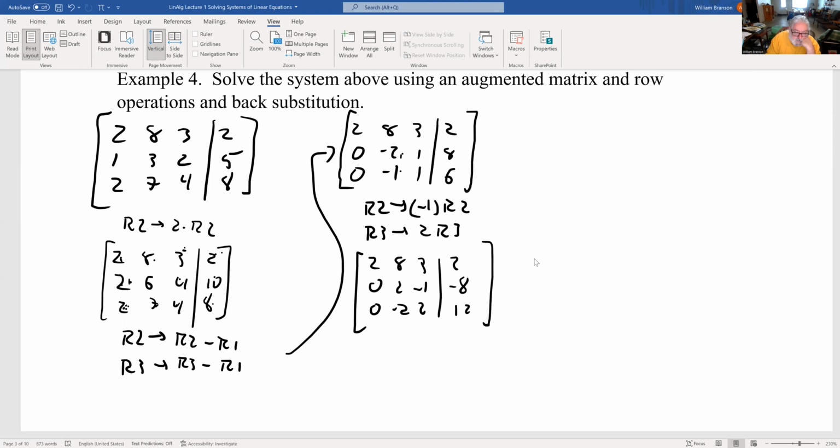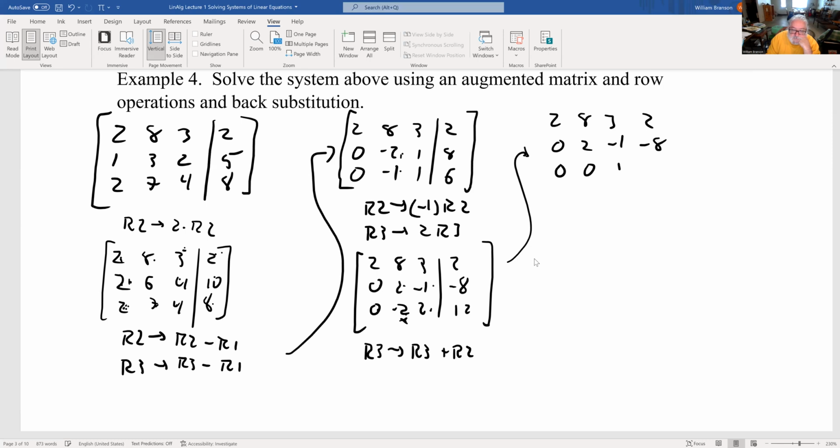Great, and now we'll take R3 and replace it by R3 plus R2, and that will get rid of this minus 2. So we have 2, 8, 3, 2, 0, 2, minus 1, minus 8. And then if we add these, 0 plus 0 is 0, 2 plus minus 2 is 0, minus 1 plus 2 is 1, minus 8 plus 12 is 4.